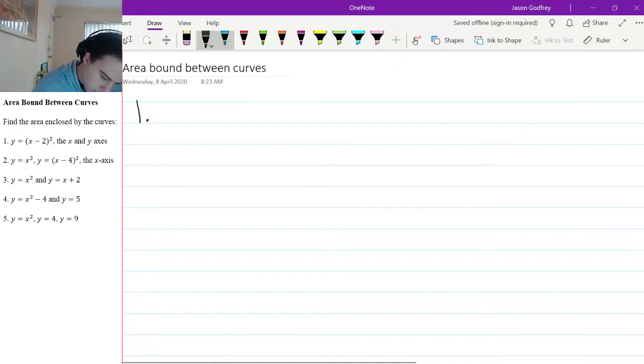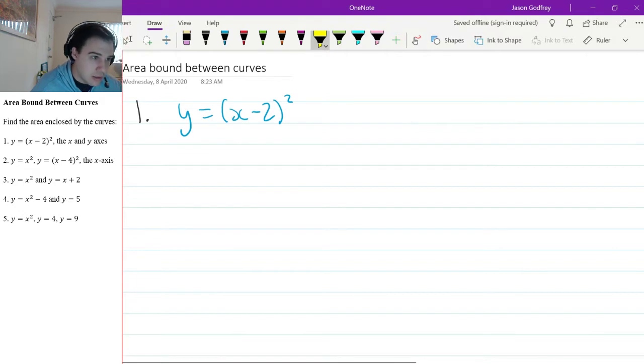So we've got the curve y equals (x minus 2) all squared. x squared is a parabola, and what's the effect of the minus 2? This shifts it 2 to the right.